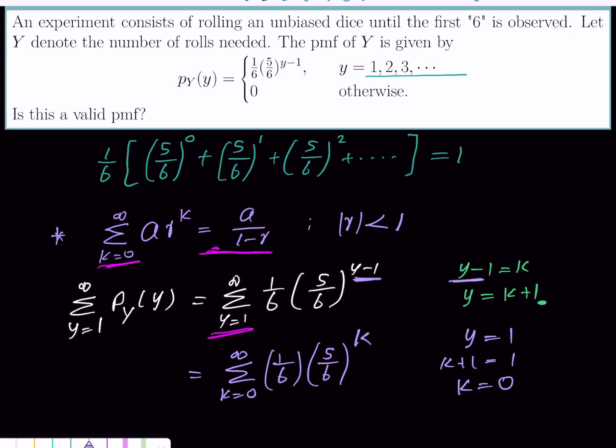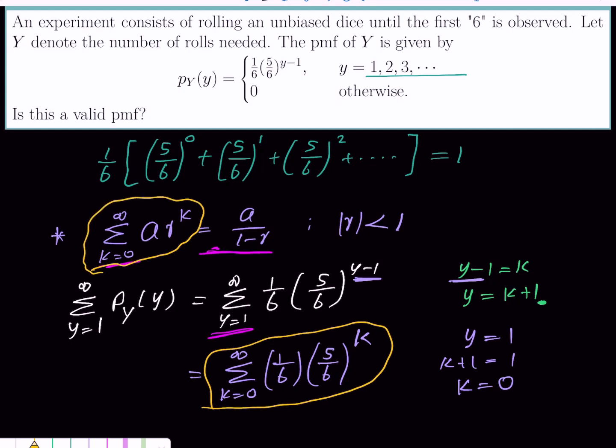Yes, we have the same shape here, right? Therefore, what is the a here? a is 1 over 6 and r is 5 over 6. The absolute value of 5 over 6 is definitely less than 1. Therefore, this condition is also satisfied.